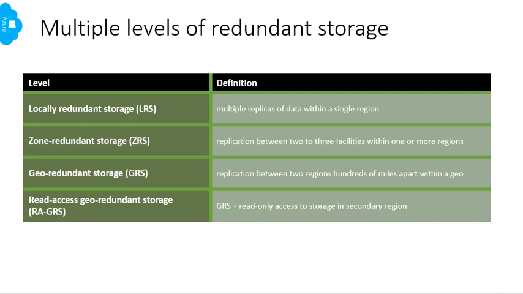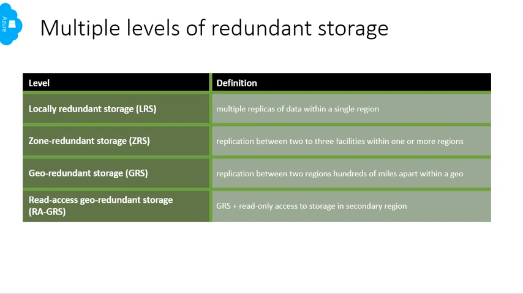Zone redundant is between two or three facilities within one region. For example, North Europe in Ireland: within Ireland we have zones, but we have multiple copies, not only a single one.